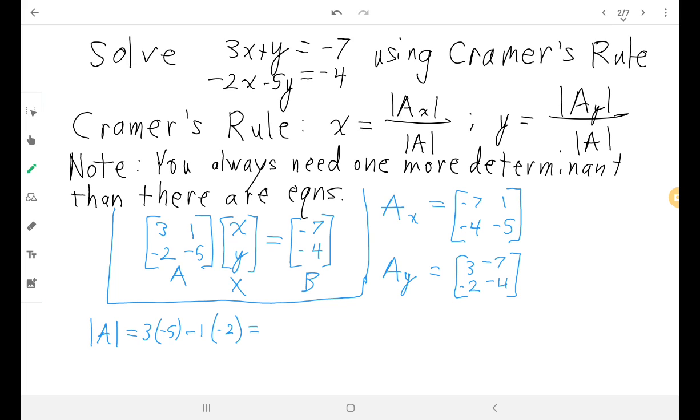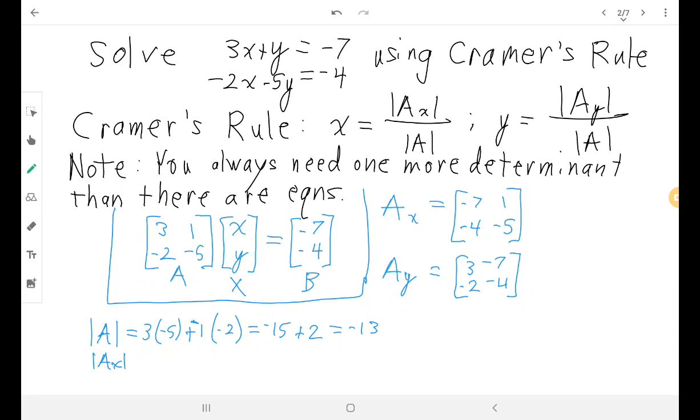And so the determinant of A is, what is that? That's negative 15. And then if you think of this as plus -1, then it's -1 times -2, which is +2. So that's -13. So the determinant of A is -13.